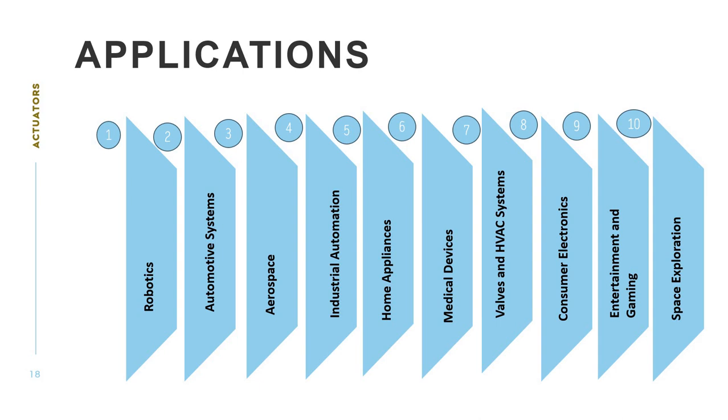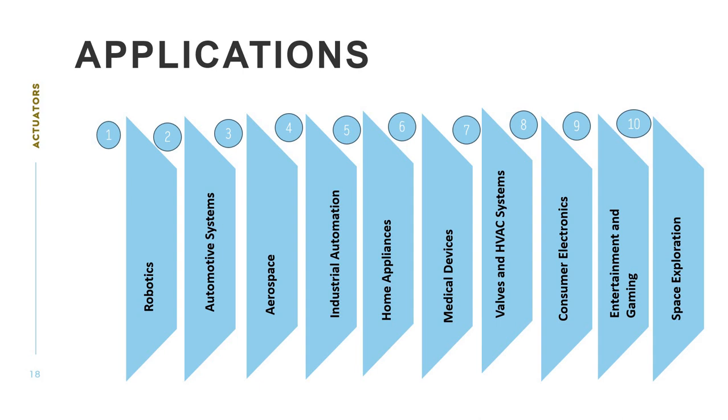And in home appliances, we find them in washing machines, dishwashers, and refrigerators, making them work automatically and saving us time and effort. And the sixth one is medical devices. It plays a major role in medical equipment such as MRI machines and robotic surgical systems, helping improve healthcare and patient outcomes.